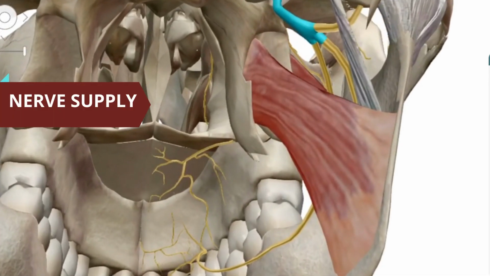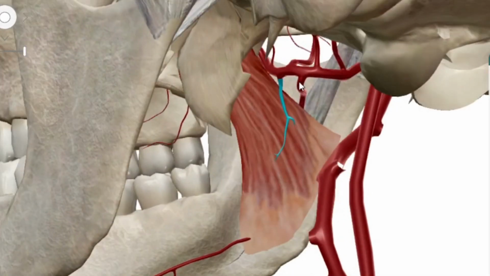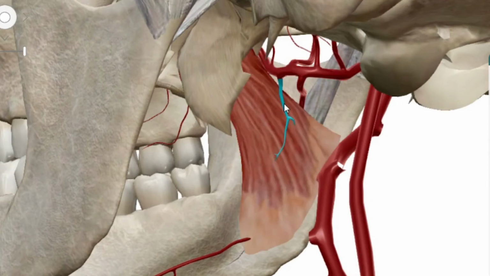It is supplied by the mandibular branch, which is a branch of the fifth cranial nerve, the trigeminal nerve. Now arterial supply. You can see over here, this is the maxillary artery, and the medial pterygoid artery, which is a branch of the maxillary artery, will supply the medial pterygoid muscle.